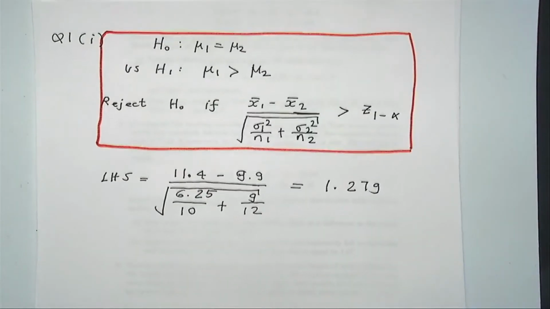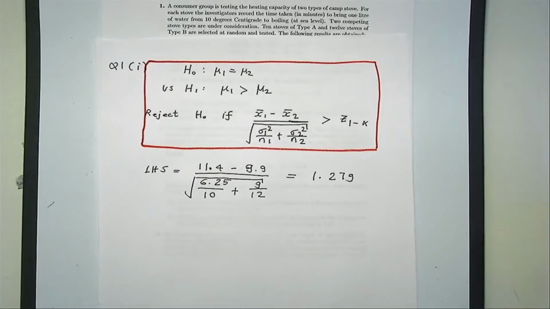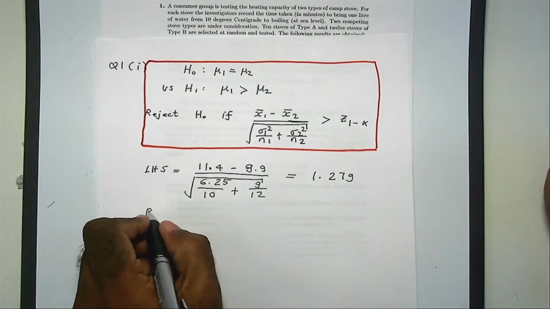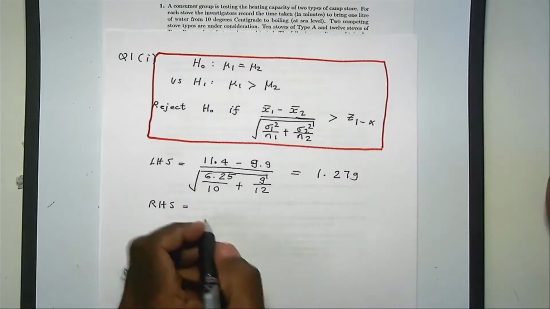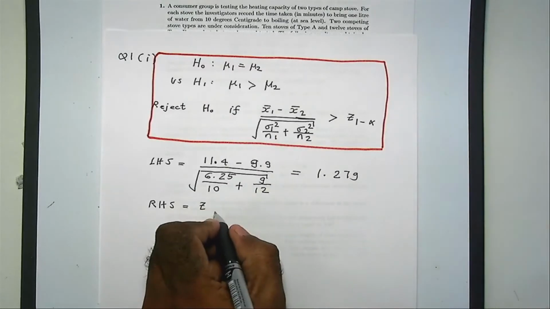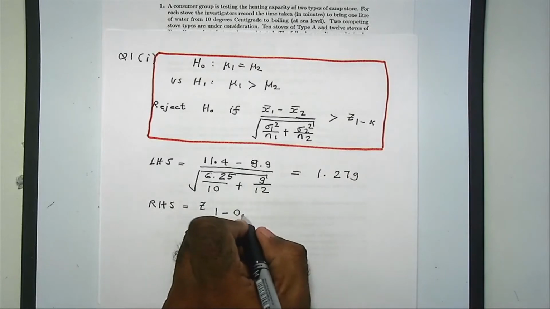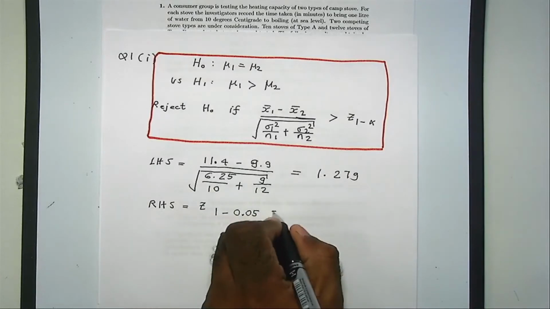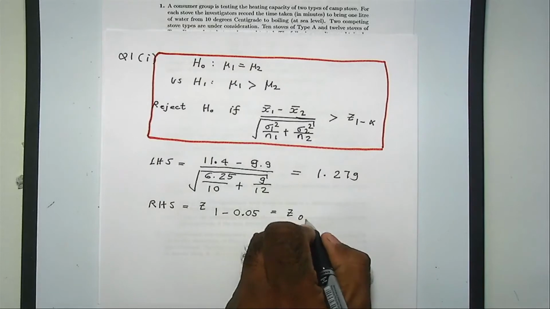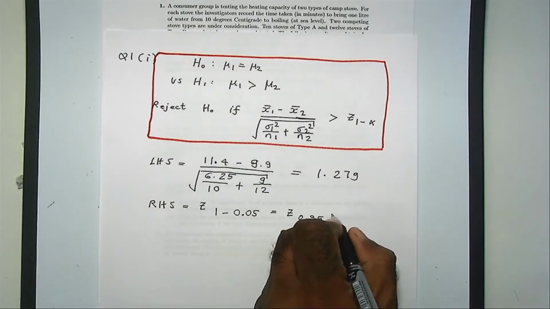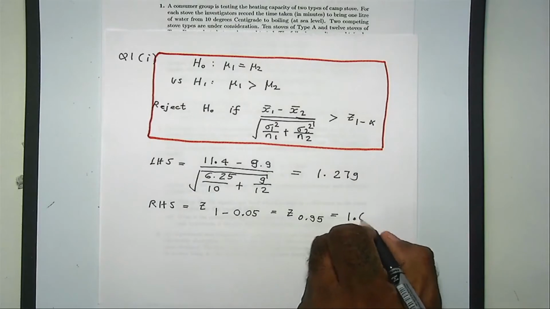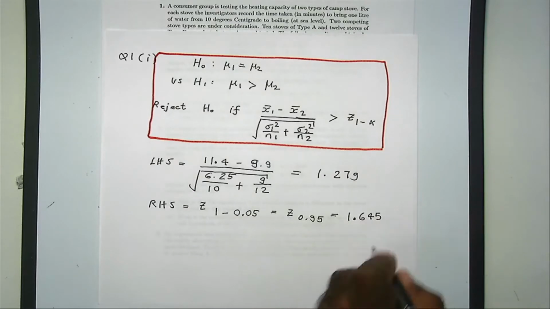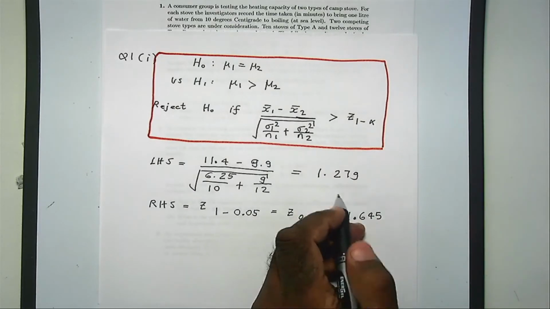And the right hand side: we are using a 5% level of significance, so your Z 1 minus alpha is Z 1 minus 0.05, which is Z 0.95, which is equal to 1.645. Clearly the left side is less than this, it is not greater.